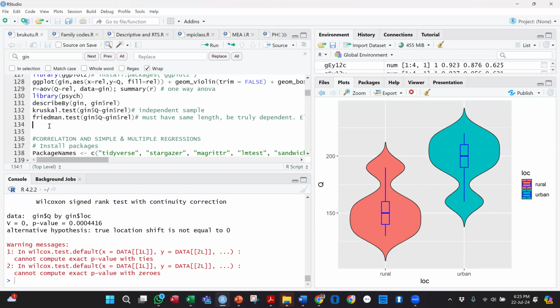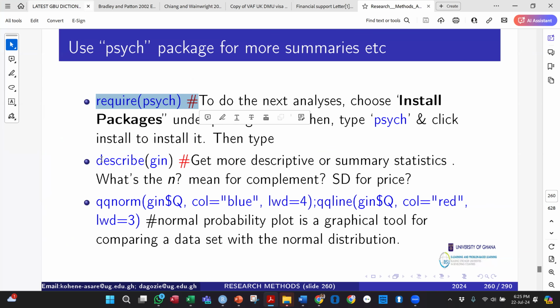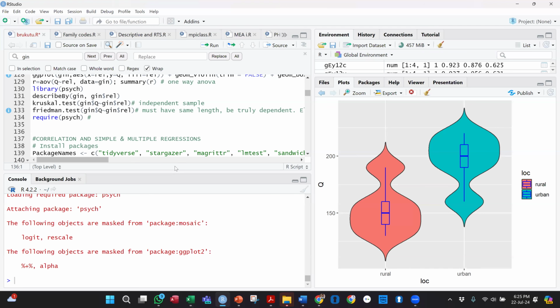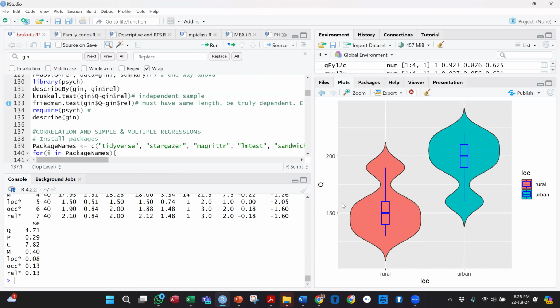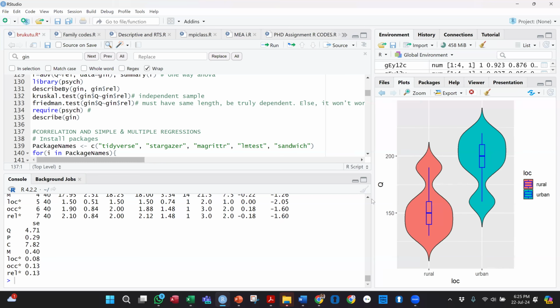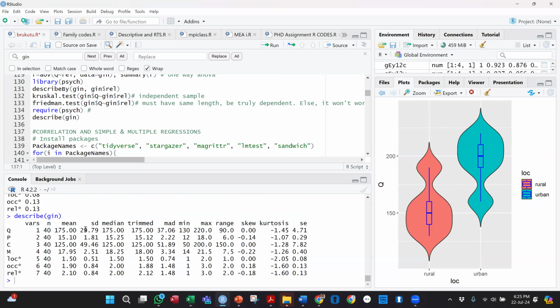So I can run the psych package here. Okay? And then after running the psych package, you type describe, then the name of the data. Once you do that, it will give you a complete descriptive statistics of all the data. Remember, we did this thing in Excel. Okay? Now, R gives you even more.